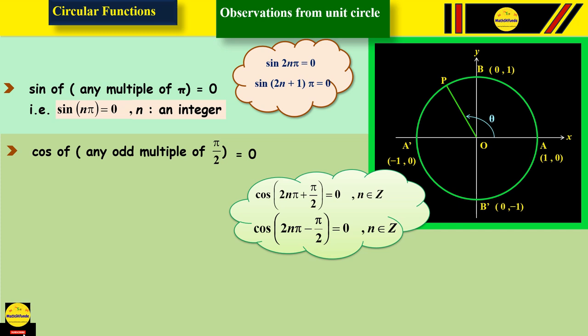Now you can see a pattern. Pi by 2 is getting multiplied by 1, 3, 5, 7, 9, etc. That means you are talking about odd multiples of pi by 2.